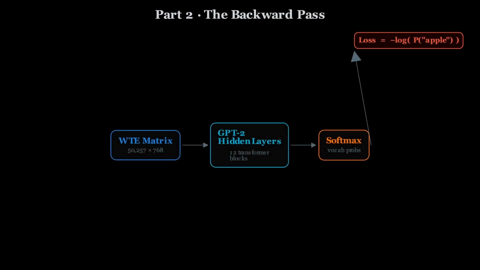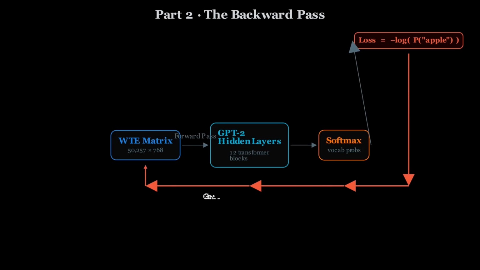Now how do we use this loss? We use backpropagation. After the model's prediction, we find out that this prediction was wrong, and we try to update the weights. We try to update the embeddings in the weight matrix using backpropagation.